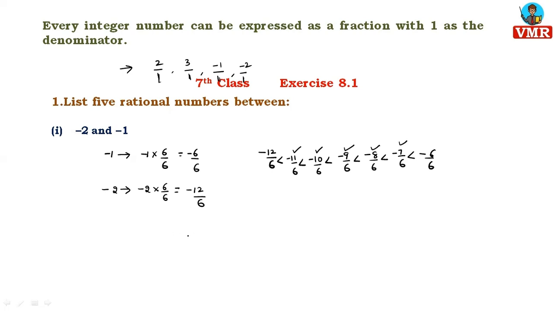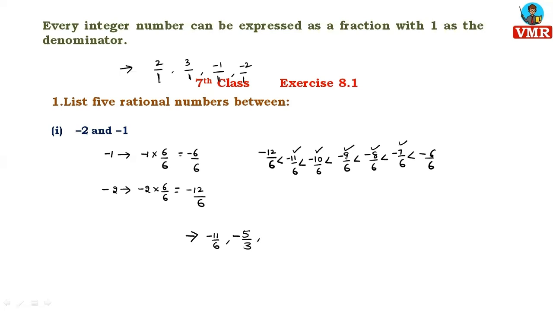So the answer for this question: the 5 rational numbers in between minus 2 and minus 1 are minus 11 by 6, minus 10 by 6, which we can write as minus 5 by 3, since 2 fives are 10, 2 threes are 6.